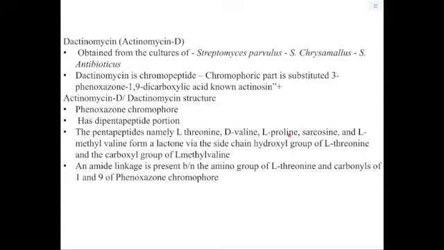Remember, L-threonine has a hydroxyl group on the side, and that hydroxyl group and the carboxyl group of L-methylvaline are the ones that will come together. Instead of the amino group coming together with the carboxyl group, now the hydroxyl group of L-threonine comes together with the carboxyl group of L-methylvaline to give us the lactone.